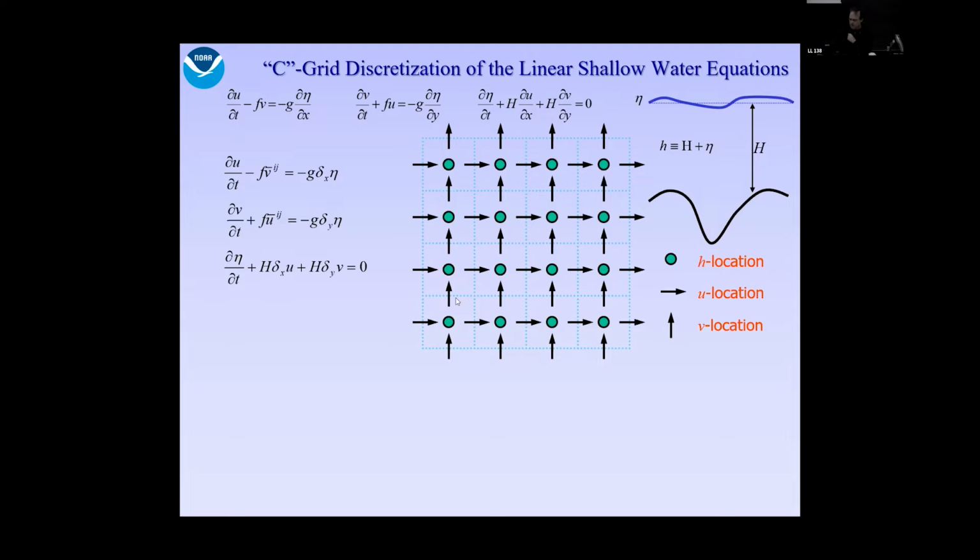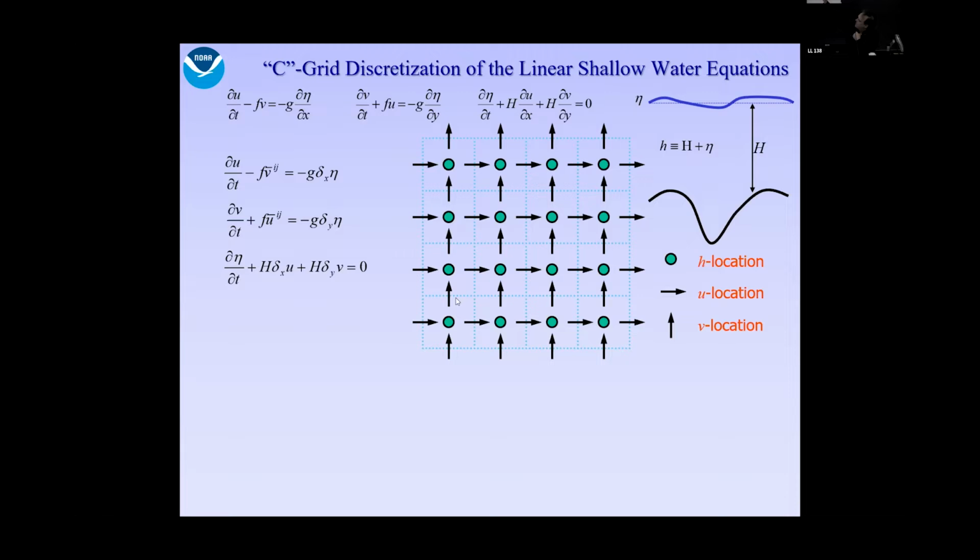The C grid is particularly good for representing the convergence and divergence of flow for tracer transport and for representing gravity waves. But because the U and the V points, which are discretized in this plan view map here with arrows to the right and arrows to the up, are staggered relative to one another, we have to average, even in the linear limit, the U velocities.